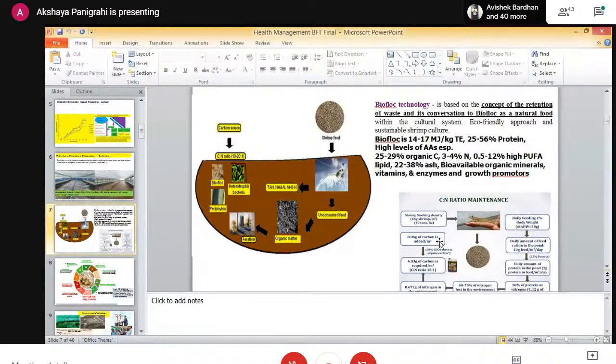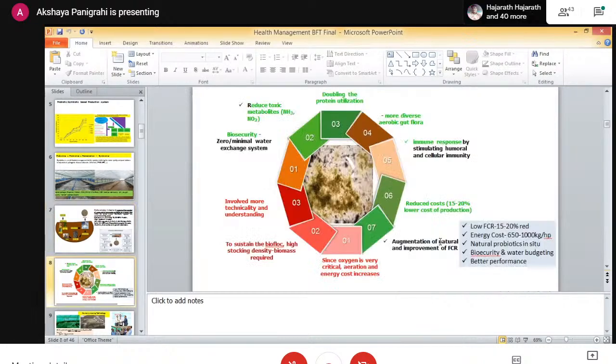These bioflocs are very rich in protein, with a high level of amino acids, polyunsaturated fatty acids, and bioavailable organic minerals, vitamins and enzymes. So you need not worry about disease problems, or about using many other vitamins and other things, if you have a proper biofloc system. It is naturally that kind of system.